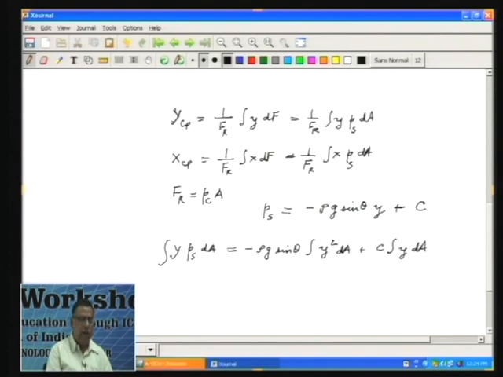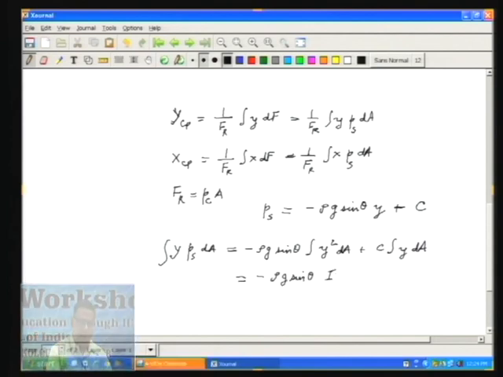This rho g sin theta being a constant, I can pull it out of the integral. So, this is minus rho g sin theta, and this I can write as I_xx, the area moment of inertia about the x axis, and this I can write as c into y_c into A, where y_c is the y coordinate of the centroid. Okay.